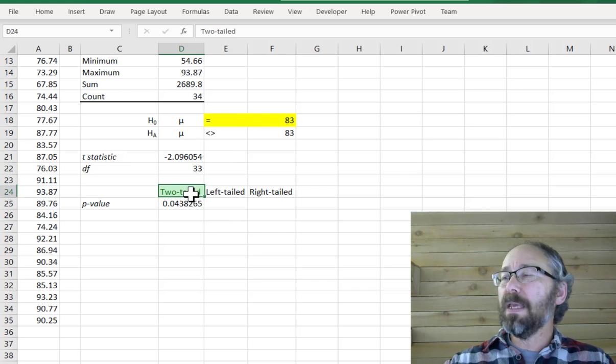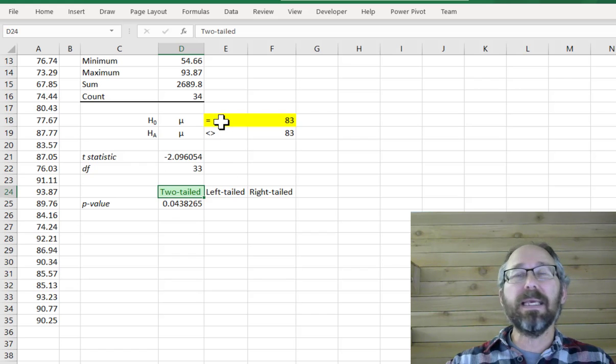When we selected this, it pointed at E18 for this cell, D24. E18 equals the equal symbol, but when it copies down, it's a relative reference, so it's now looking at E19.